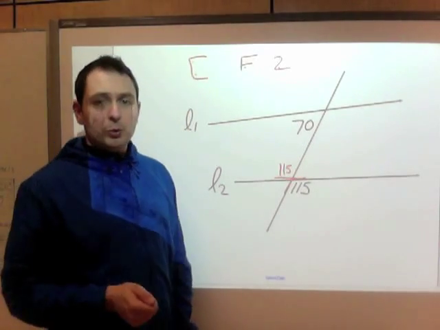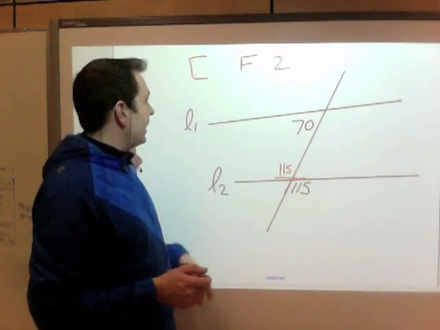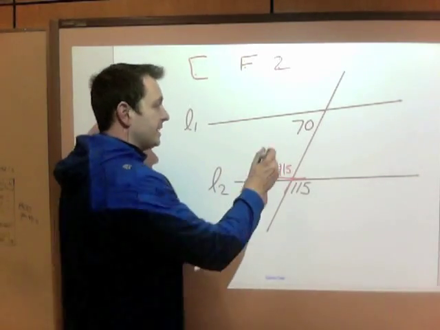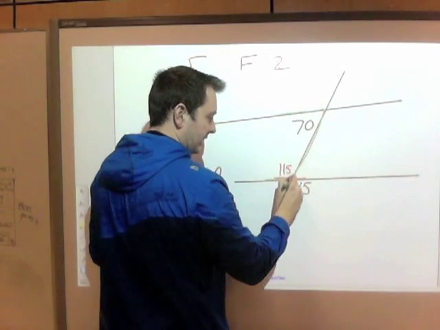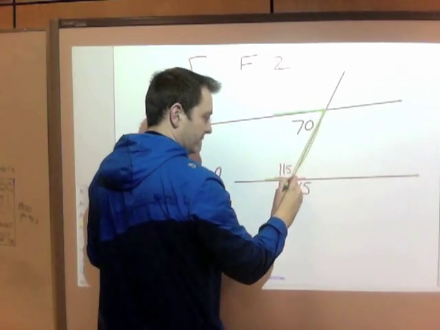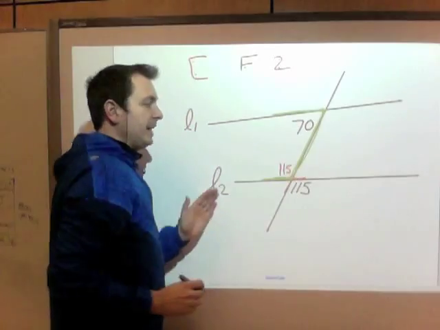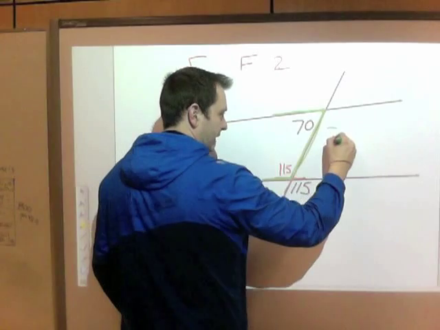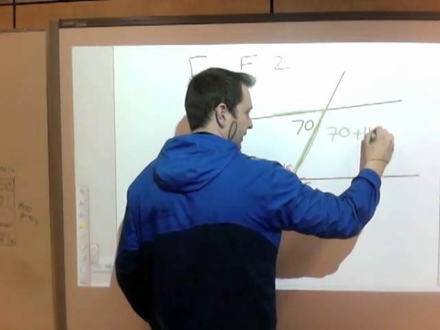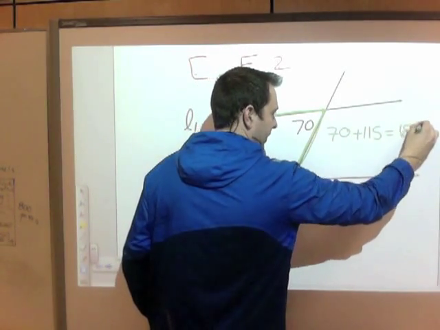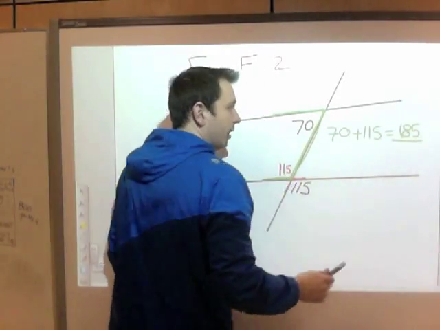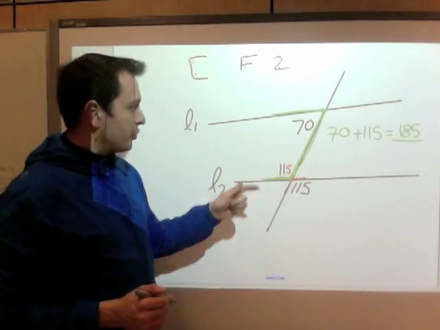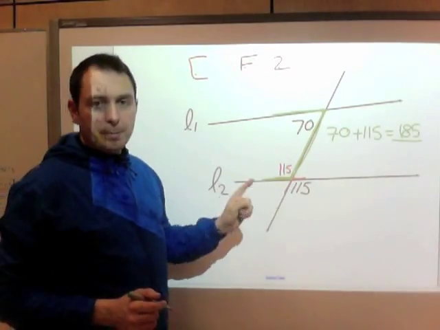Now, one of the rules I know is that if line 1 and line 2 are parallel, then this C, because this looks like a C, okay, it's backwards, but it's a C, I know that if these are parallel, then it has to add to 180. So 70 plus 115 equals 185. Those are not supplementary. So because they're not supplementary, these are not parallel.